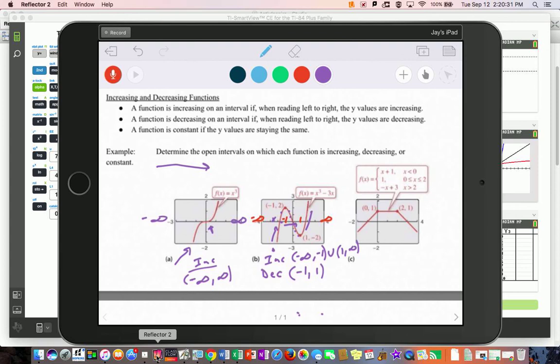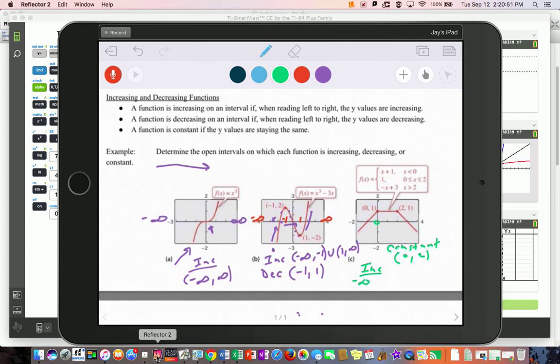And the last part, increasing, decreasing, or constant, we can see that this graph is constant between 0 and 2. It'll be increasing from negative infinity to the 0.